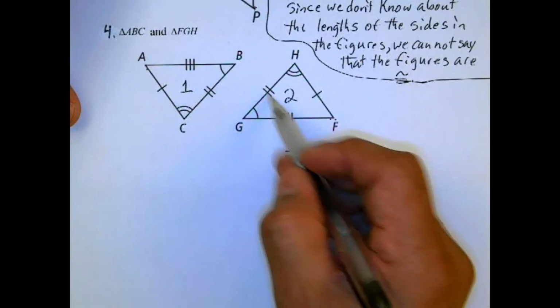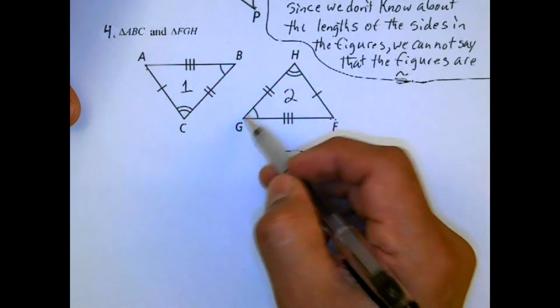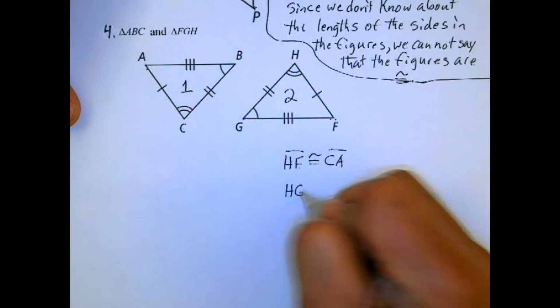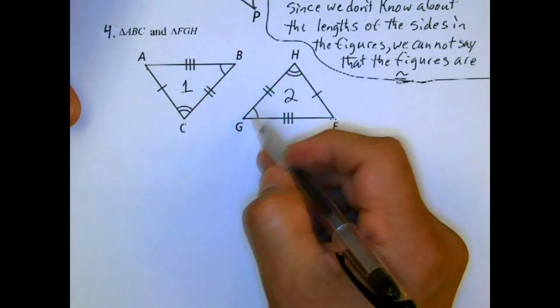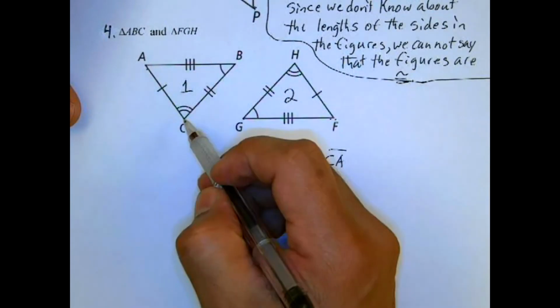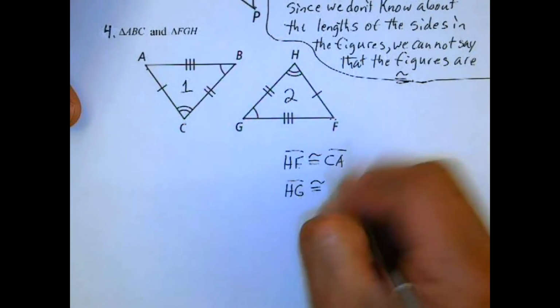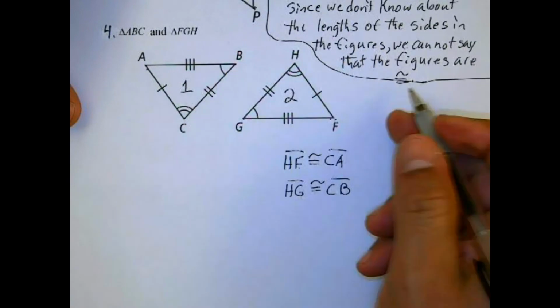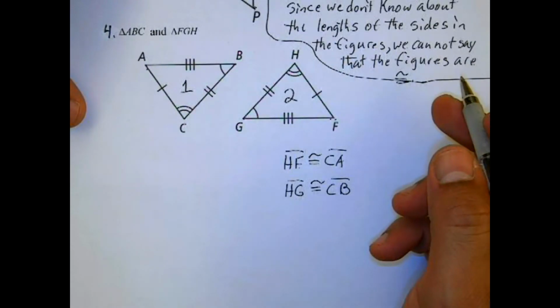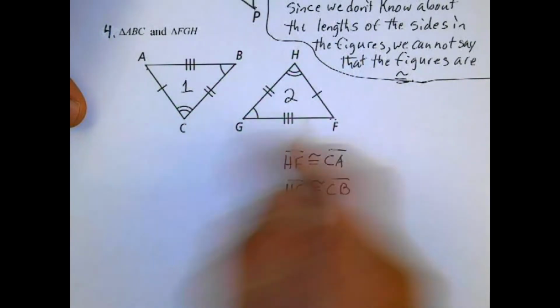Well, look at the double tick marks. HG, that segment is congruent to, all right, so let's look at the double tick marks over here. CB. All right, so now we know that two sides are congruent to each other. Let's see if the third side is congruent in both triangles.